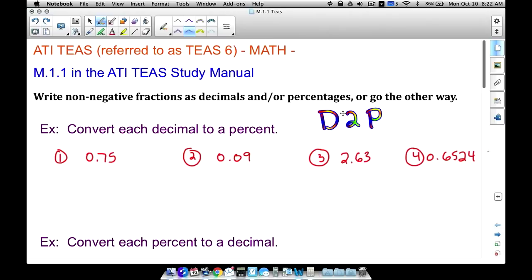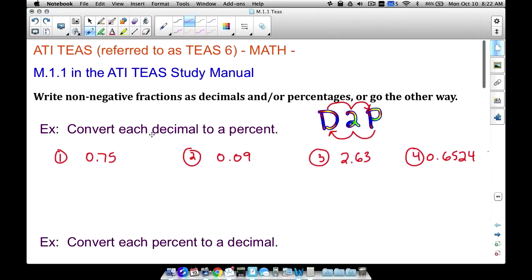D comes before P. And if you want to go from a decimal to a percent, you're going to move the decimal 2 places to the right. And then you also have to remember to tack on the percent symbol. If you want to go from a percent to a decimal, you're going to move the decimal 2 places to the left, and then you have to remember to take off the percent.